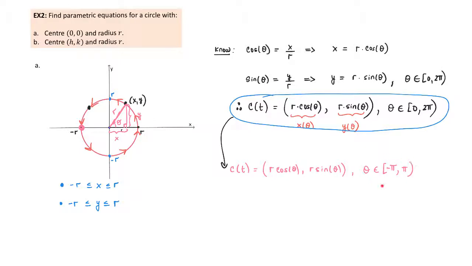But if you let theta go from negative pi to pi, you're starting here at the negative x-axis. But then as theta ranges from negative pi all the way to pi, you're now moving in this direction right here. You go under to the negative y-intercept, you pass through r comma 0, you pass through 0 comma r, and then back to the beginning at pi. Notice how the direction of motion doesn't change.